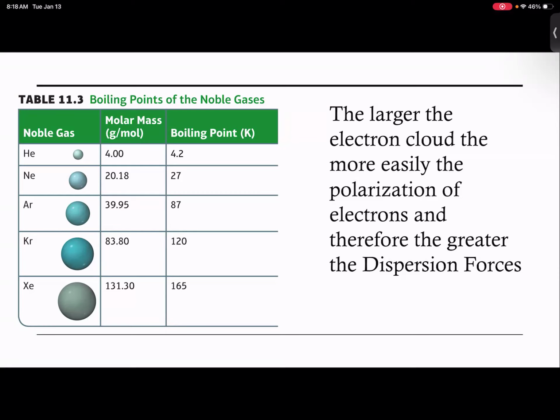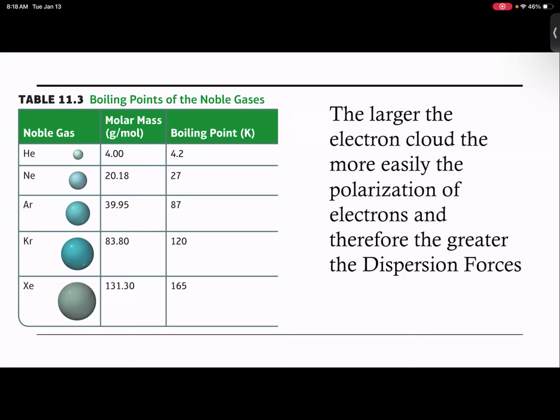Because you have more electrons, as we go down the group of noble gases, our boiling point increases. So there is a direct correlation between the size of the molecule and the boiling point.